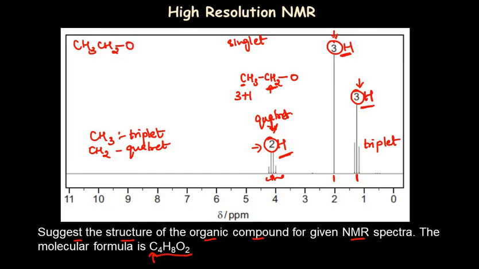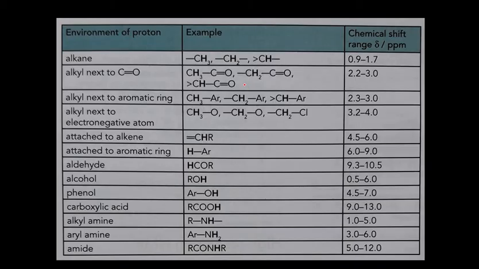Now we are left with one more peak, a 3 hydrogen peak which is a singlet, so a CH3 with a singlet is possible. Its range is approximately 2 to 2.1. Now what does the ester group have? An ester group should have a CH3 or any other alkyl group bonded to C double bond O. Let's have a look at the table again. Here is this CO group, an alkyl group bonded to C double bond O, with a similar range of 2.2 to 3.